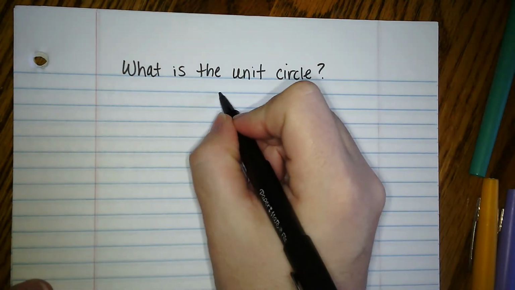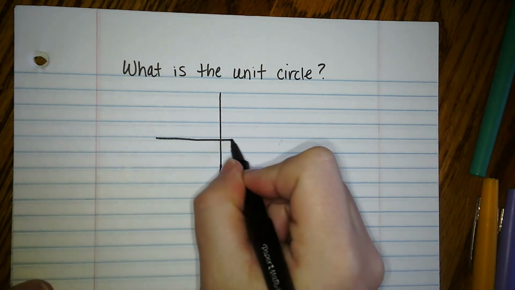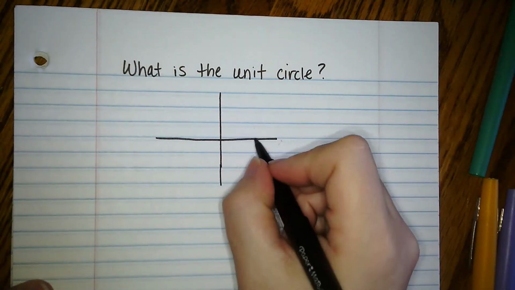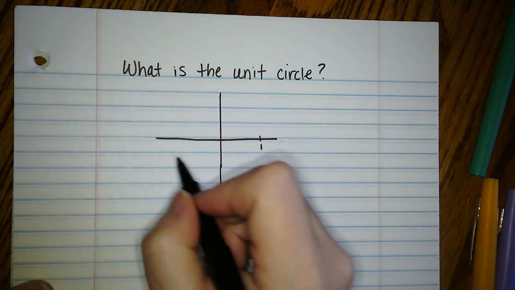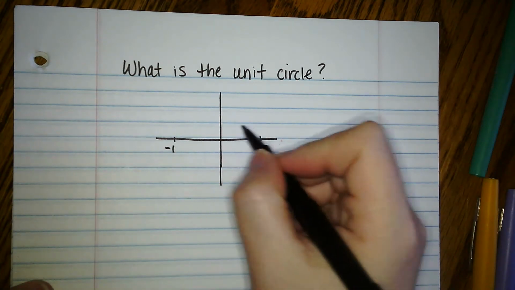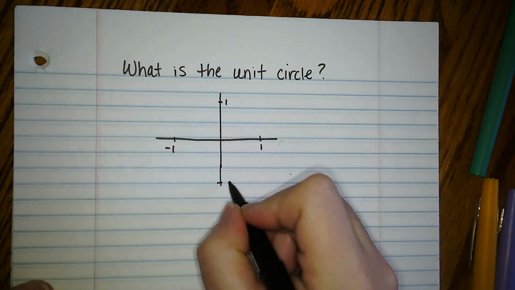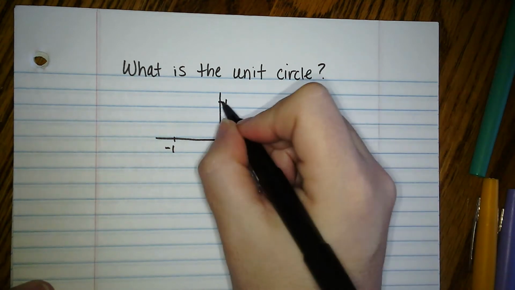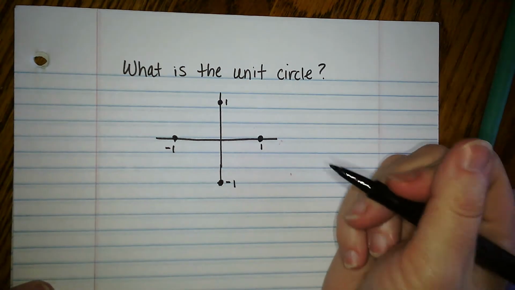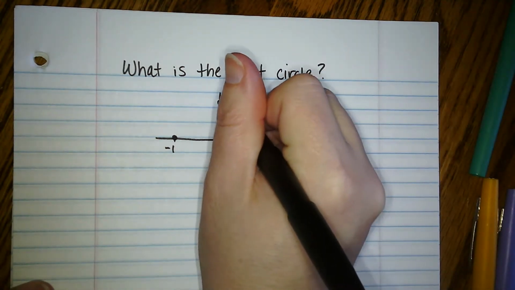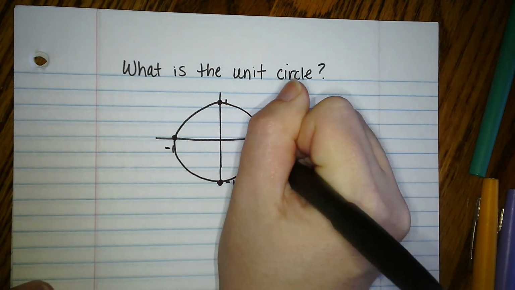What that means is if we take an X and Y plane and we zoom in to just the first box, going up and down and left and right, trying to make this as close to scale as possible without graph paper, and I have my center at the origin, this right here represents the unit circle, and all trig lives in this bubble.